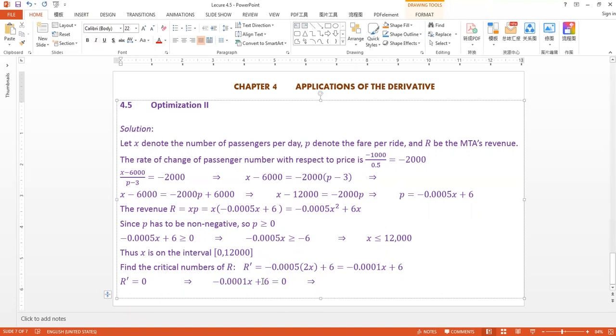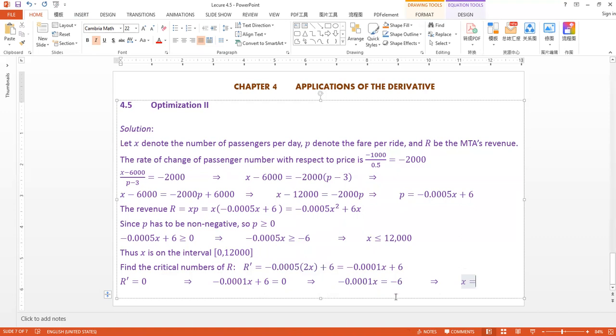Okay, so you can move 6 to the right side, and then divide by negative 0.001 on both sides. So we got x on the left, and on the right we got negative 6 over negative 0.001.